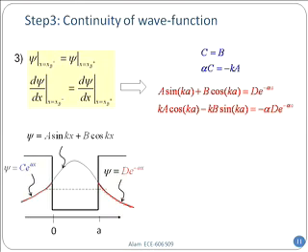And similarly, what about the derivative conditions? If you take the derivative first and then apply it at x equals 0, you will pick up alpha C e to the power alpha x, and you set x equals 0 there. And similarly, you take the derivative on the right hand side, and that gives you the second blue equation from the top. I don't want to go through the next two equations, but you can easily see how it works.